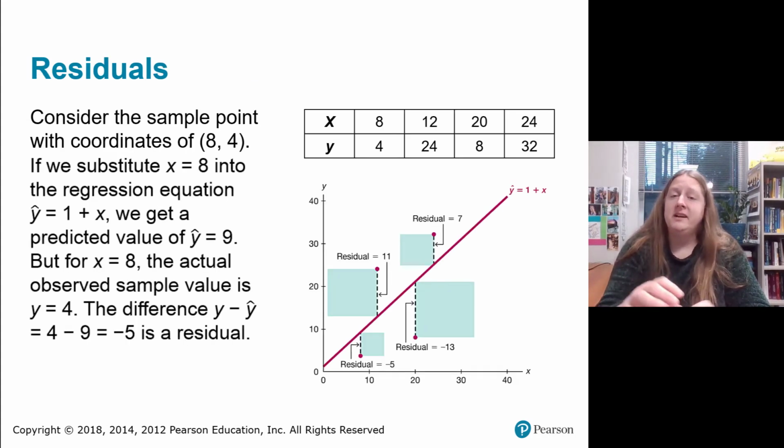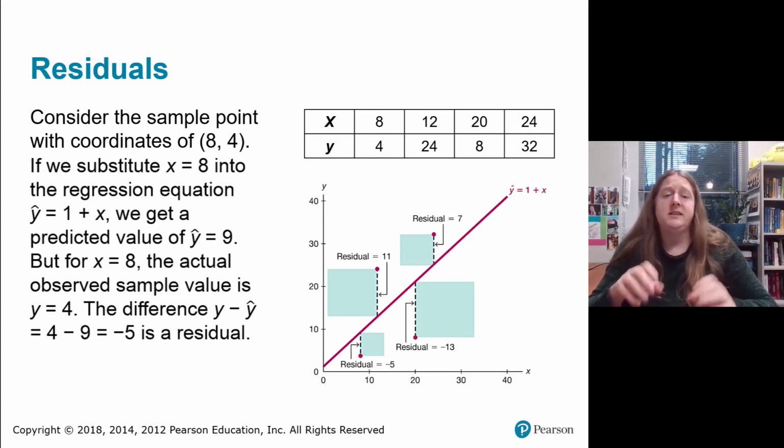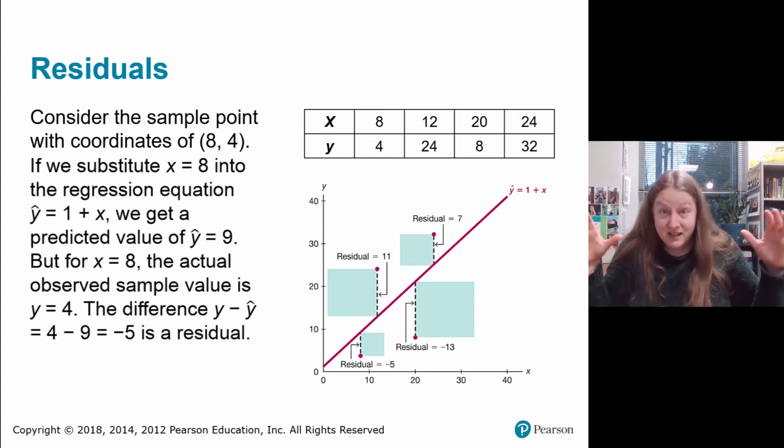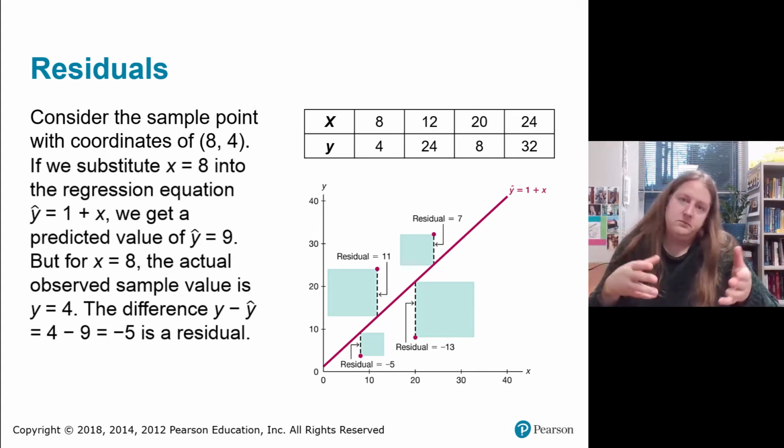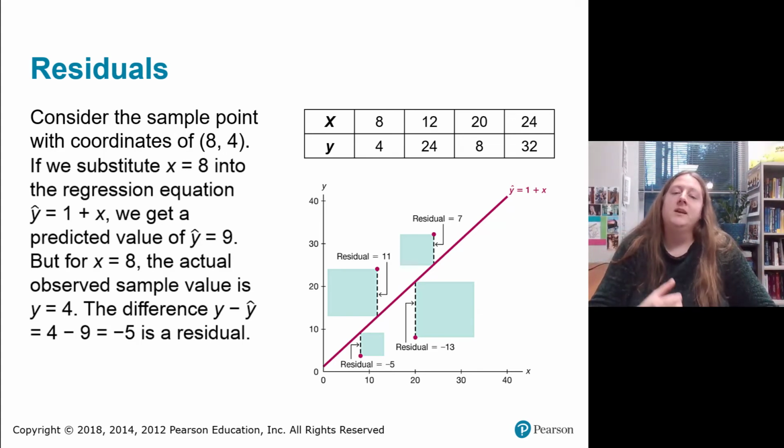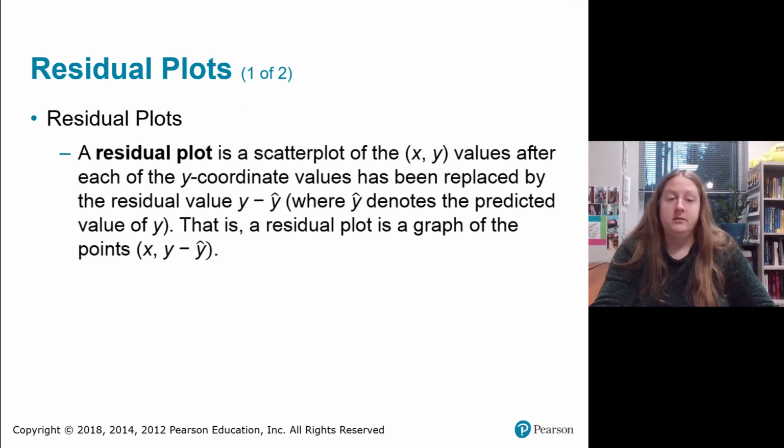So if we're looking at the areas of all of these squares that we're making when we look at the residuals, we want basically the combined area of them to be as small as possible. And if we have done that, then our regression line is the best one that we can have, right? That property about our regression line is why it's sometimes called a least squares line.